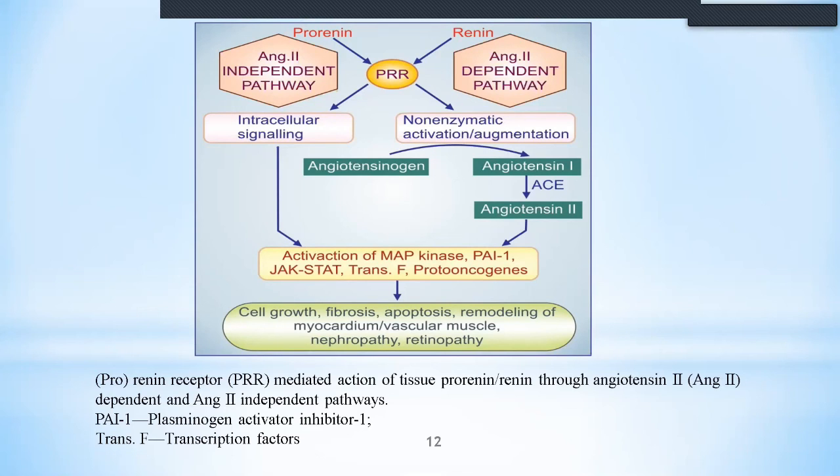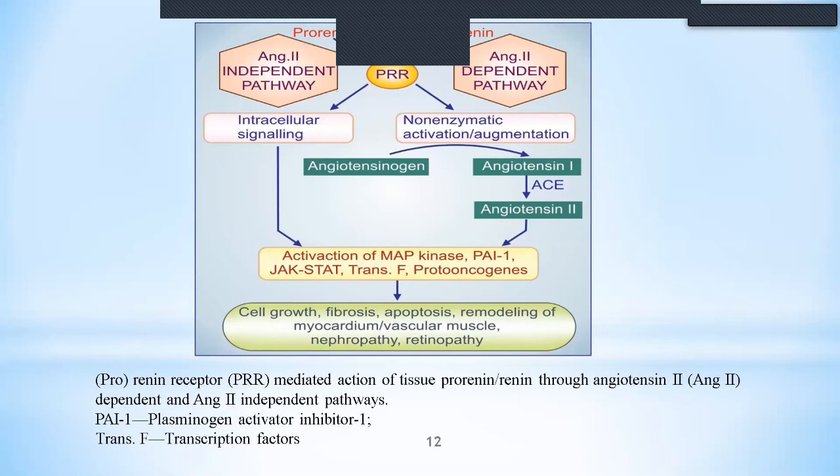Of course, angiotensin 1 is converted by the enzyme ACE to angiotensin 2, and all this activation of MAP kinase, PAI1, and the Janus kinase 2 STAT transmission and a variety of proto-oncogenes are activated. So ultimately this is related to cell growth, fibrosis, apoptosis and remodeling of the myocardium and vascular muscles, especially during nephropathy and retinopathy.